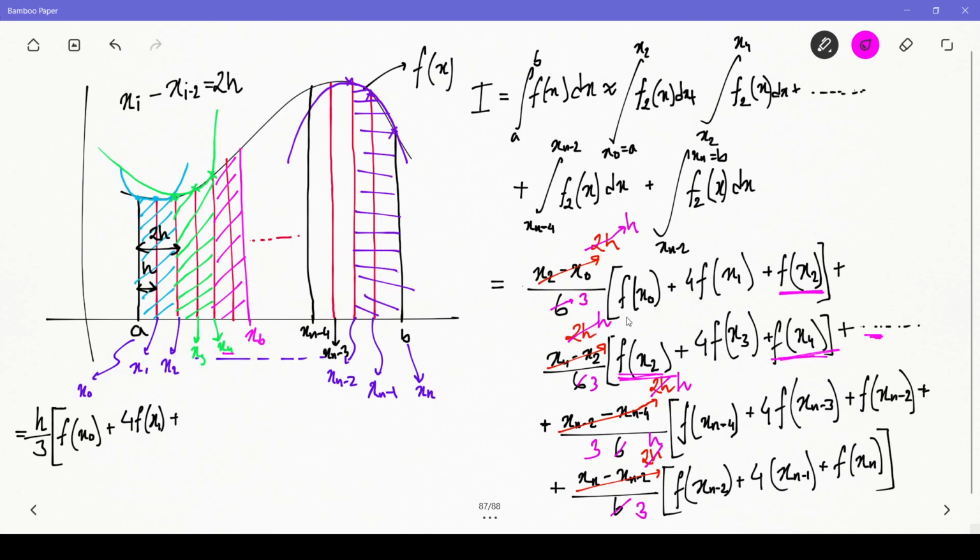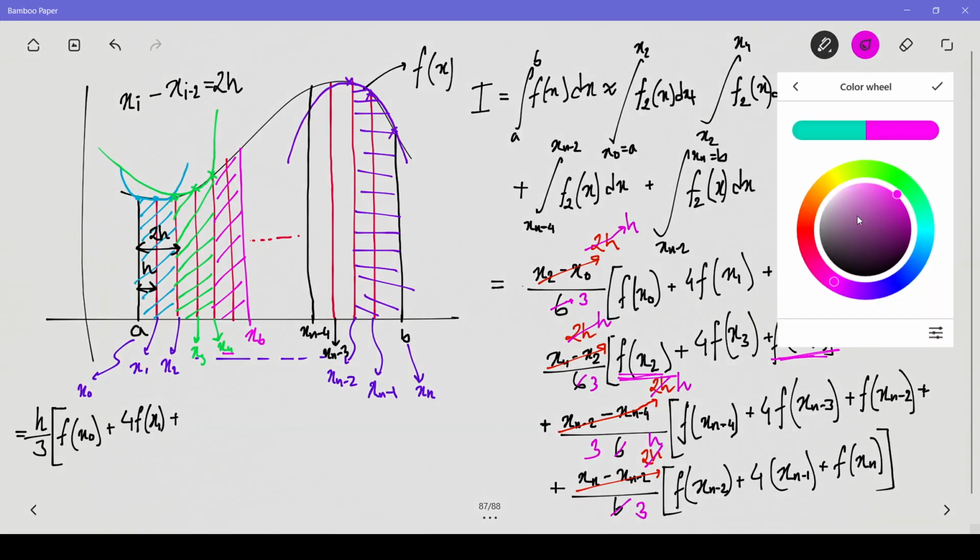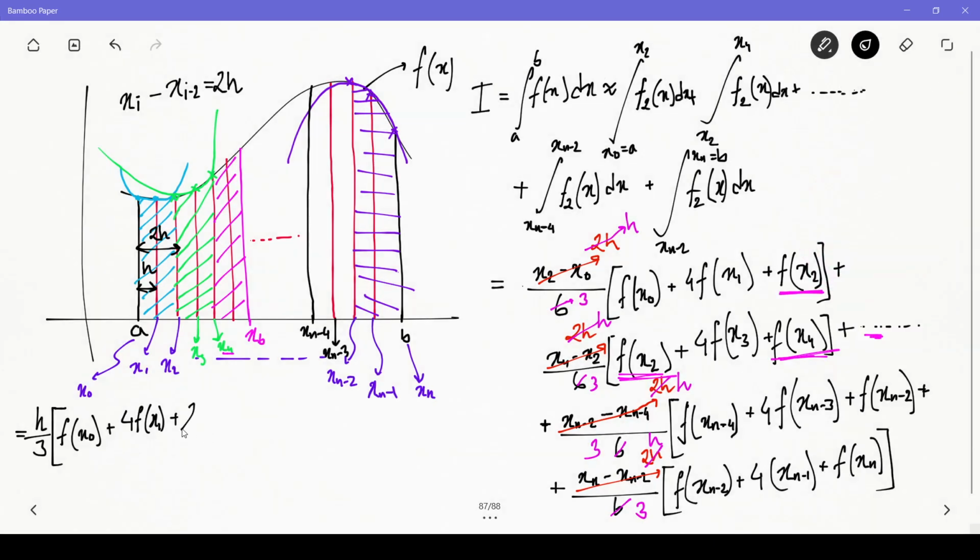So in our compact version we'll have 2 f of x2, then again we'll have 4 f of x3, then as I've said before, 2 f of x4, and we can basically put the rest of the terms as ellipses because it will gradually become redundant if we keep writing them.